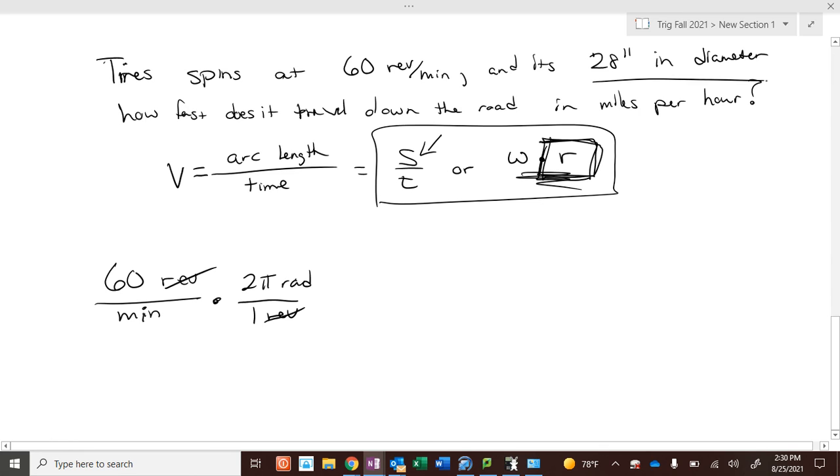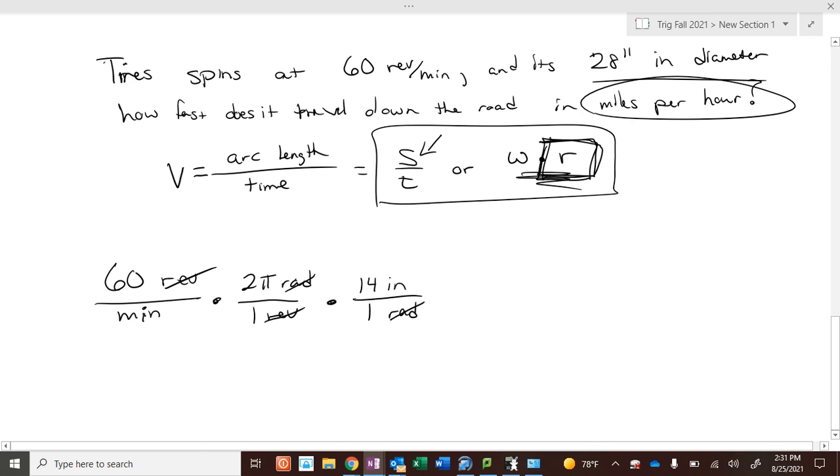The radius. I have a 28-inch diameter tire. If it's a 28-inch diameter tire, what's the radius? 14 inches. So I'm going to take this times 14 inches. 14 inches is the radius. Okay? So radians will cancel with the radius. Now I have 14 inches per minute.